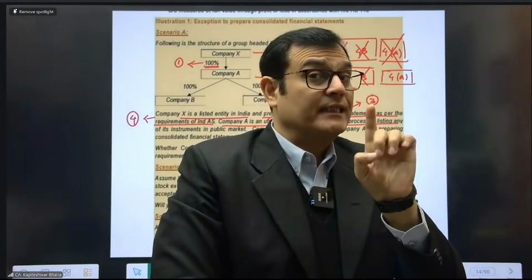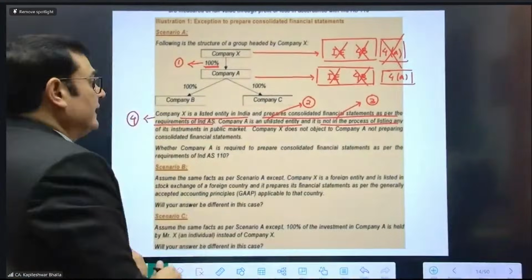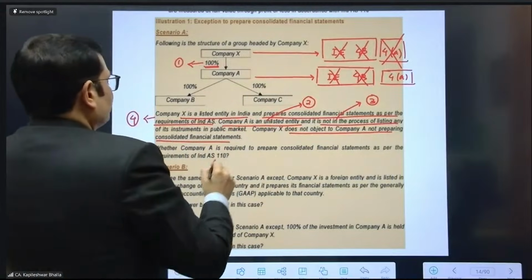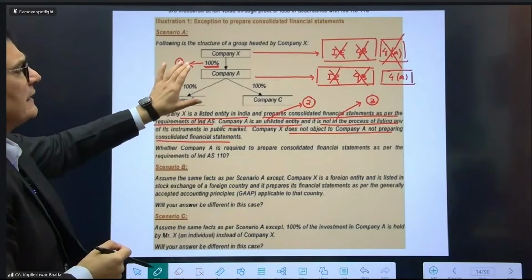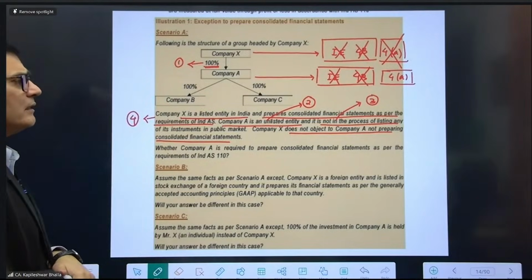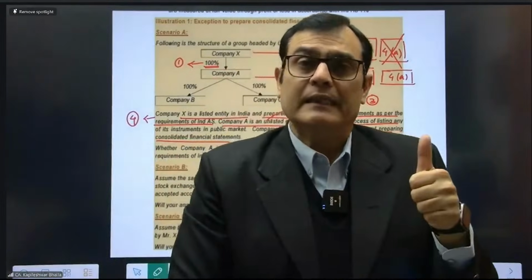There is no NCI, so I don't need an NOC as such, though it says company X does not object to company A not preparing the console. But in this particular case, if there was an NCI, I would need an NOC. If there is no NCI, NOC in any case is not required. So all the 4 conditions are done.